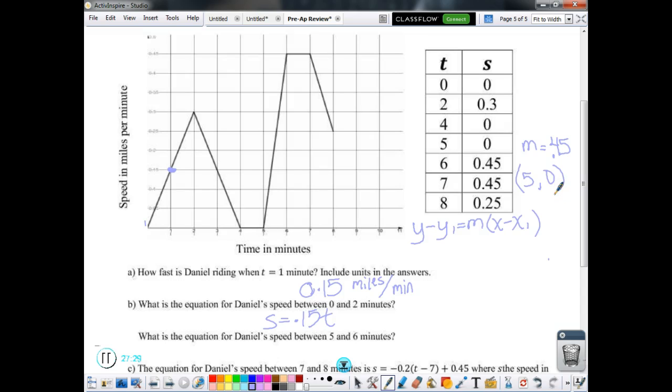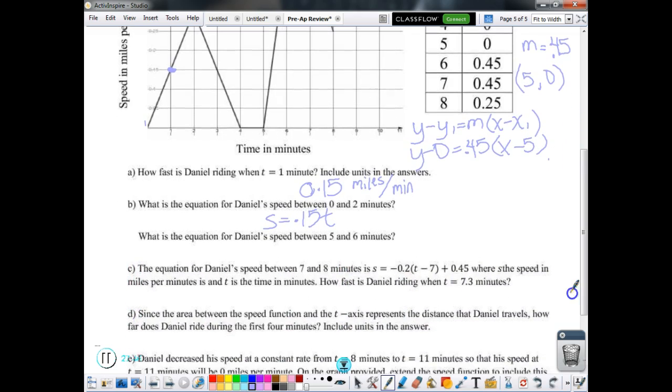This is a point. So it's y minus y1, which is 0, equals 0.45 with parentheses x minus 5. So my equation would be s equals 0.45 parentheses t minus 5.